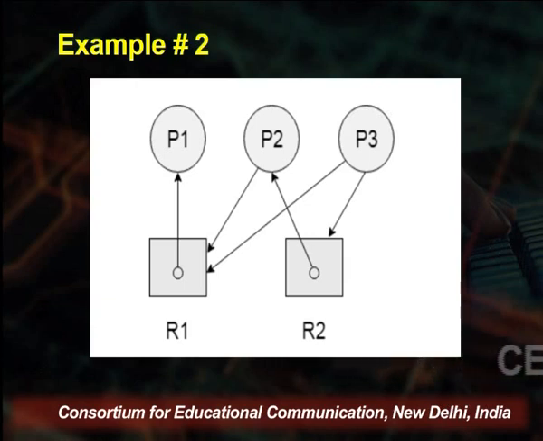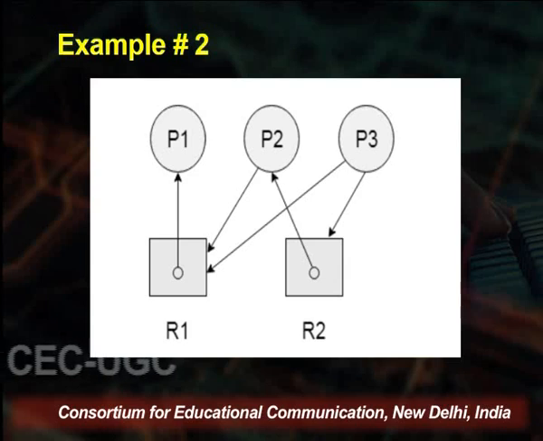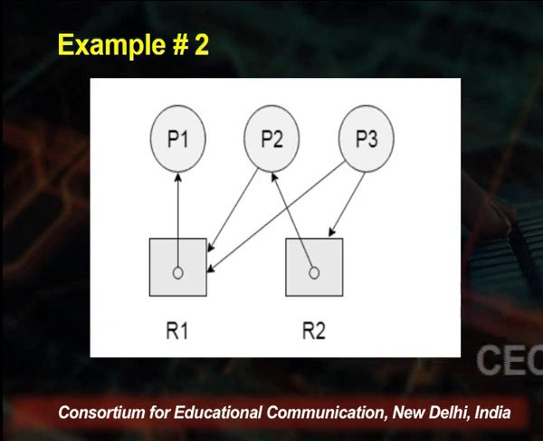R1 and R2, which are the resources, are being shown here with the help of a rectangle, while the processes are shown with the help of circles. And the single dots within the rectangle of R1 and R2 are showing the single instance availability of R1 and R2. That means these are not multiple instance resources.